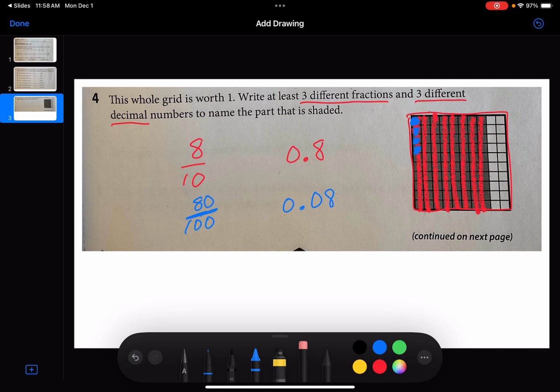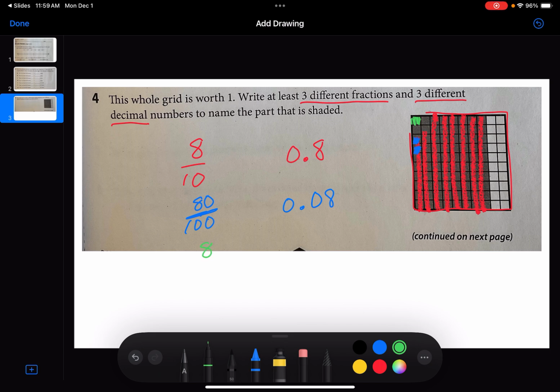Well, I'm going to think about each one of these little squares. I'm going to erase so you can see what I'm talking about. I'm going to think about each one of these little squares being broken into 10 little sections. 1, 2, 3, 4, 5, 6, 7, 8, 9, 10. So each one of those little sections would be 1,000th.